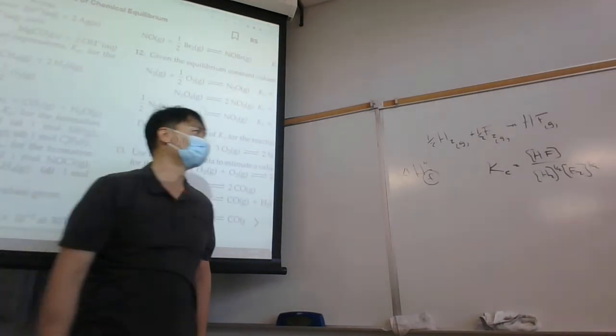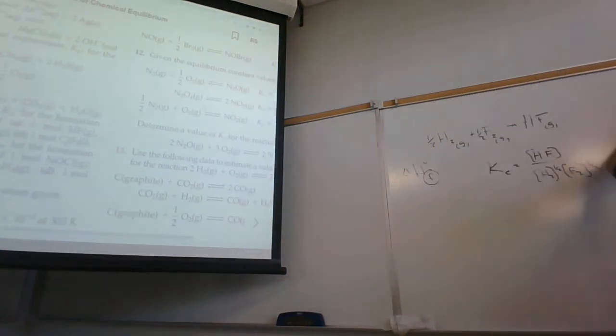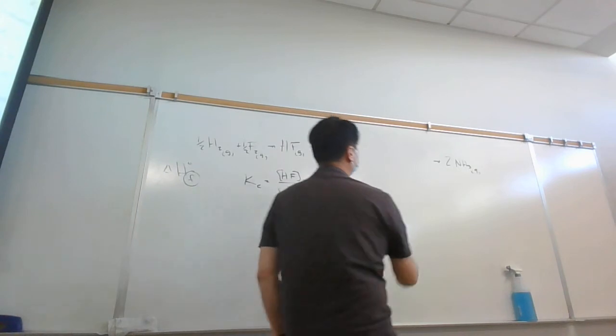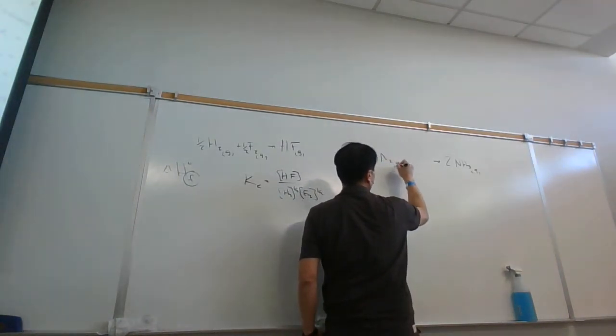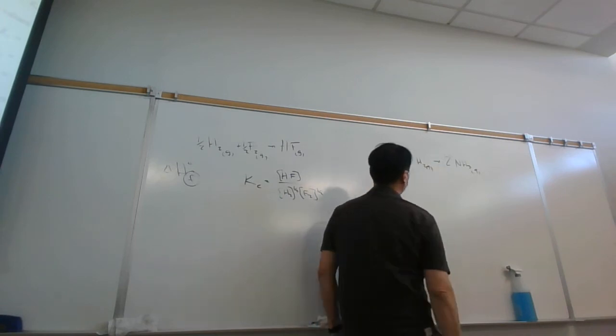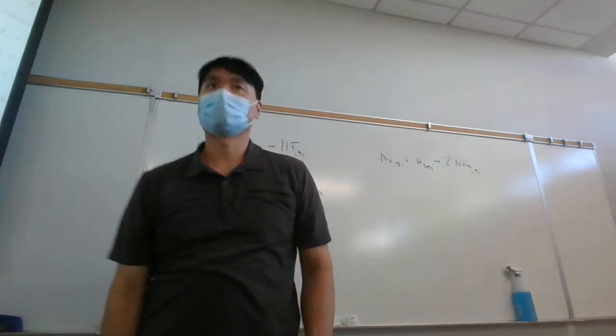B. This formation reaction is pretty common. It's given a name. So we're going to form 2 moles of NH3, so 2 NH3 gas. And we're going to form it from what? Yes, nitrogen gas and hydrogen gas. So let's balance it.